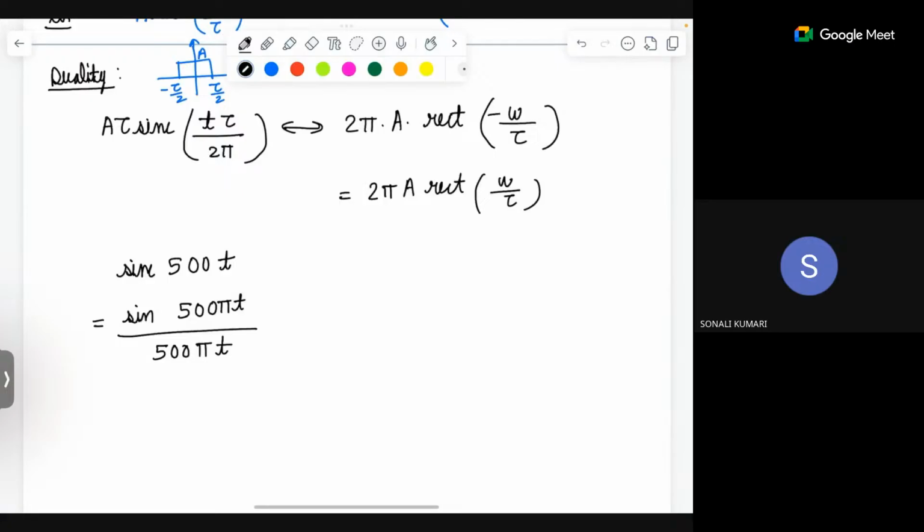Now let us try and draw its Fourier transform, for which we will use this relation.